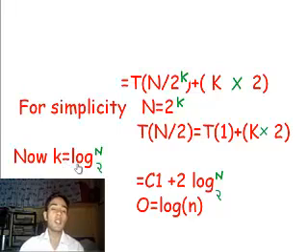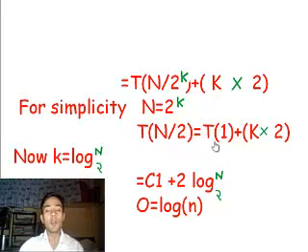We obtain this by taking the logarithm on both sides of this equation. So when we substitute k equal to log n in this equation, we obtain T(n) equal to c1 + 2 log of n to the base 2.